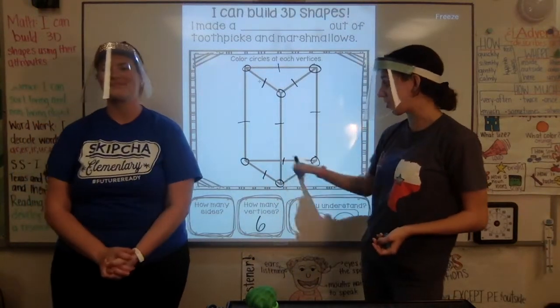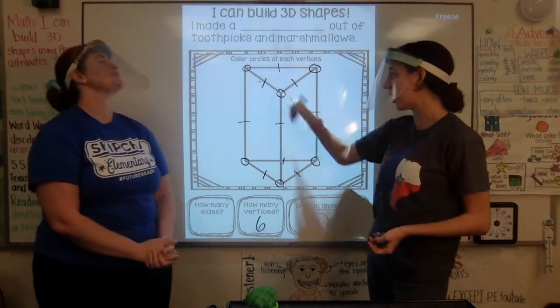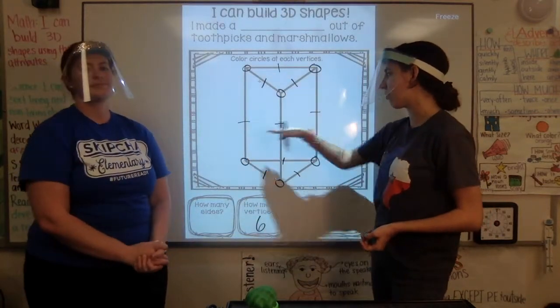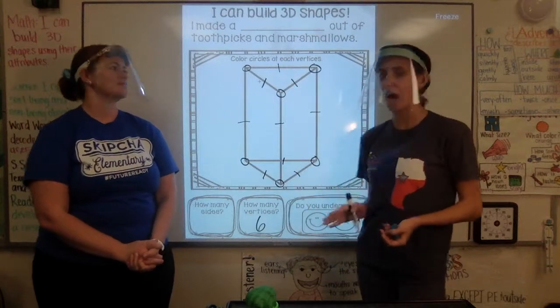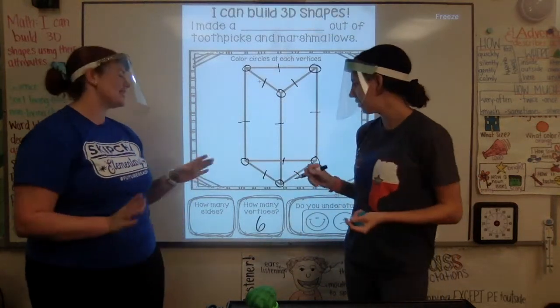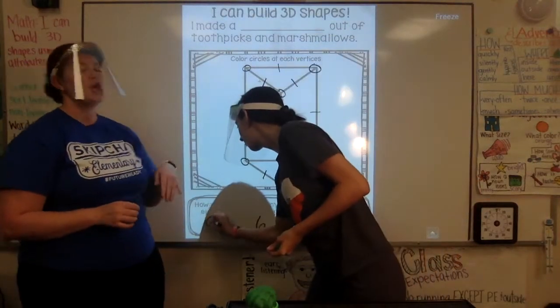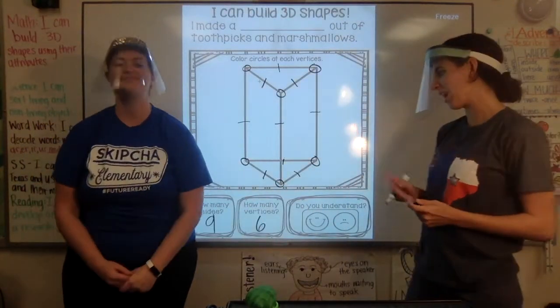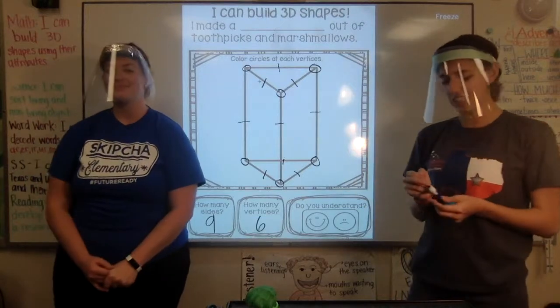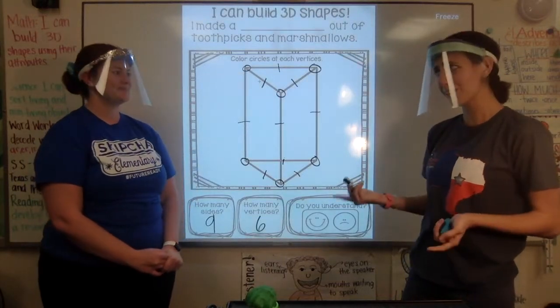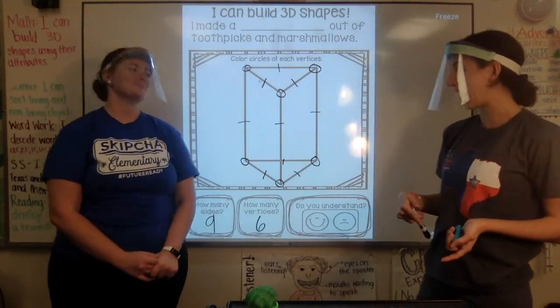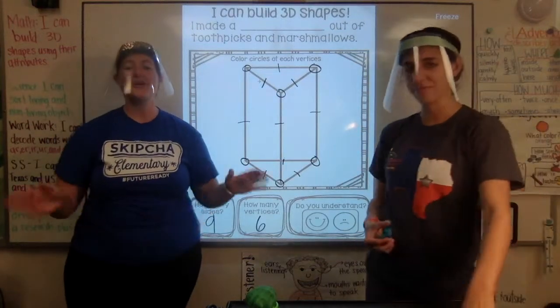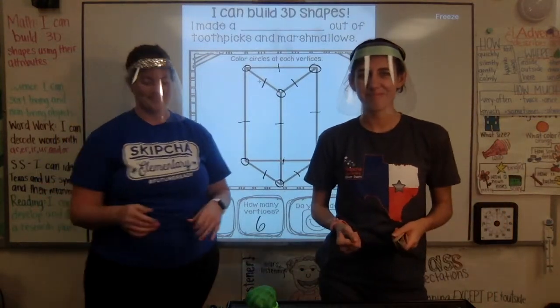And I know there should be 3 on each side for my triangles, and then 3 for the 2 sides and the top. Great job, Miss Lustico. I like how you also didn't get tricked down here. You knew that at the bottom that was just 1 line or 1 edge. That's right. Well, we had 9 sides and 6 vertices, so we can use that to build our 3D shape, right? Ooh, let's see who can build a triangular prism.